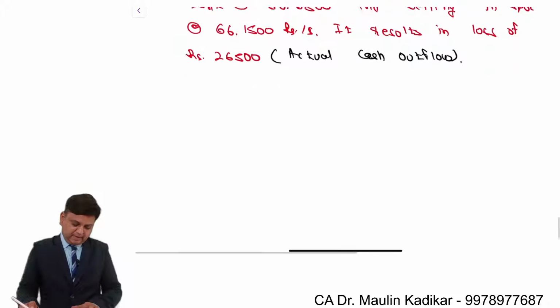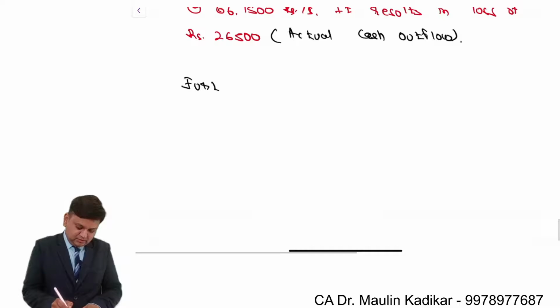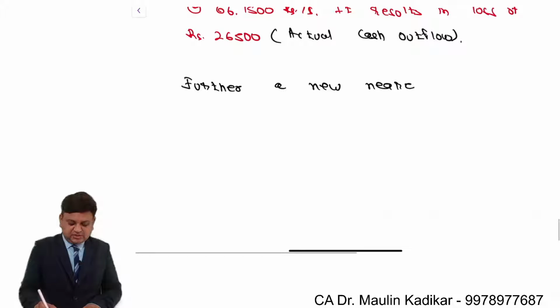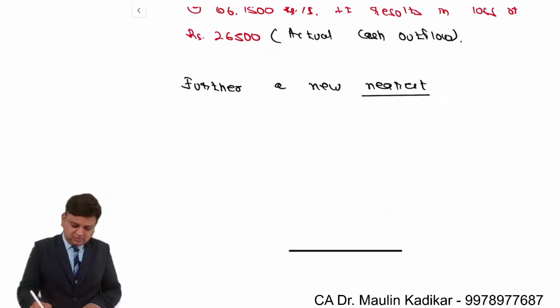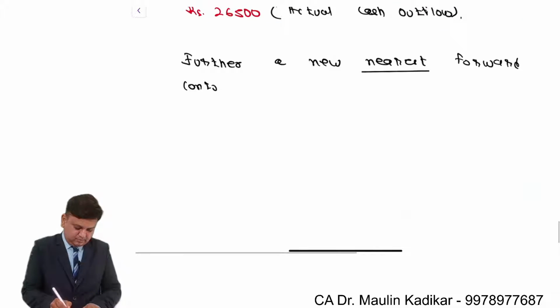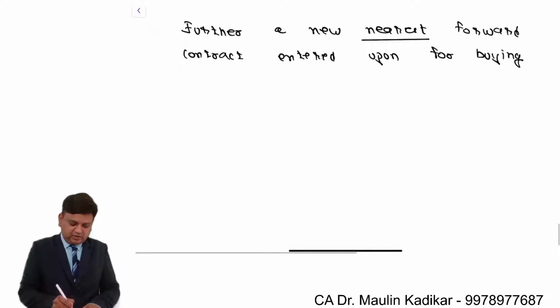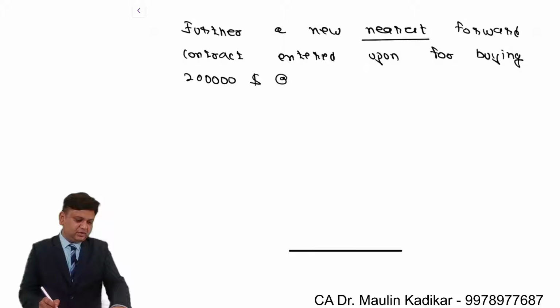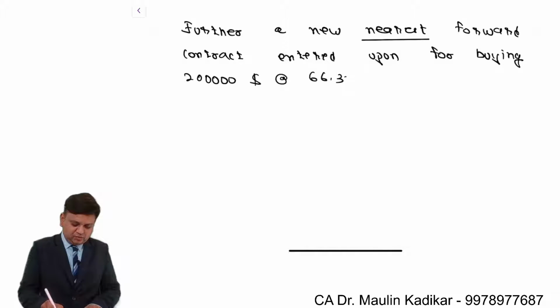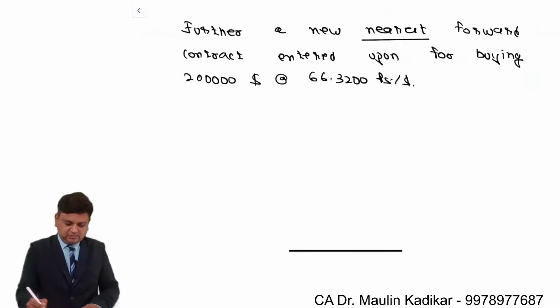With paragraph write down: further, a new nearest forward contract is entered upon for buying $2 lakh at the rate of 66.32 rupees per dollar.